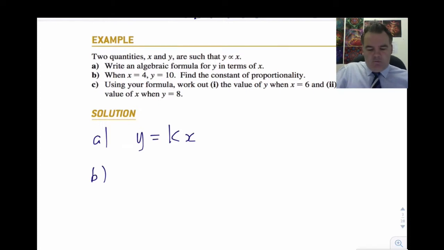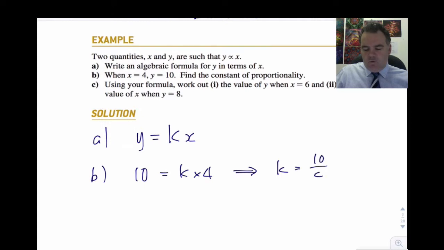So when x equals 4, y equals 10, we can do this. And so that implies that k is equal to 10 over 4, or you could say 2.5. And then a lot of questions say, well, work out the value of y when x equals 6.